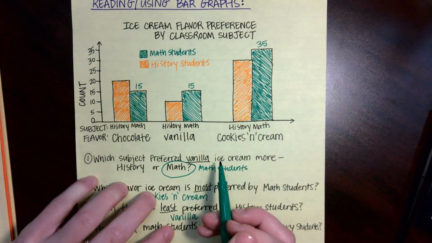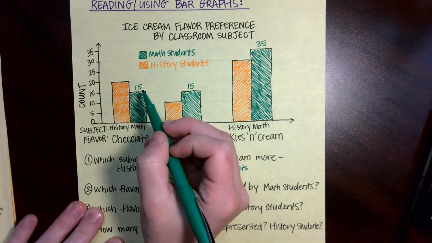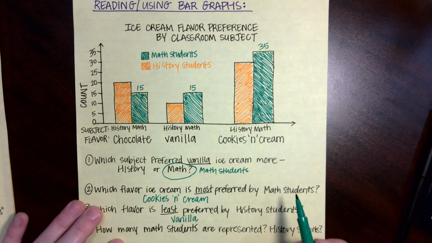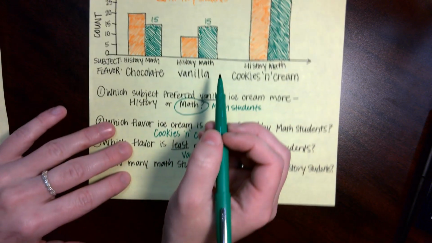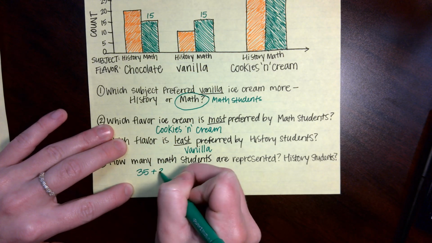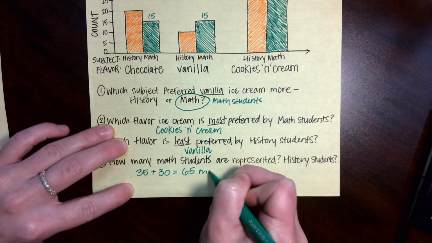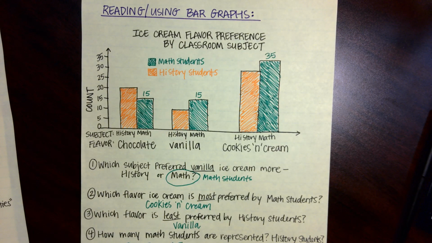So if every student can only vote once, that means we just add these 3 numbers together, and that's going to give us our total number of students that voted. 65. Good job, Bob. So 35 plus 30, 65 math students.